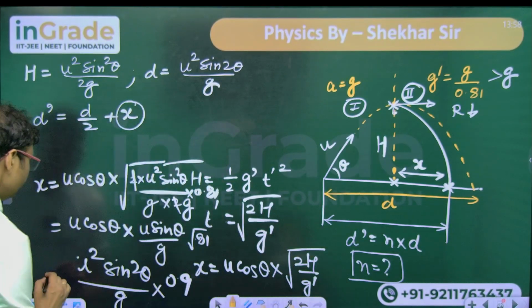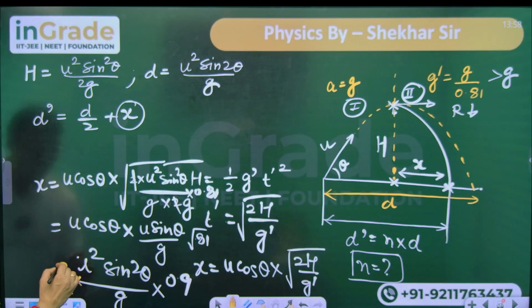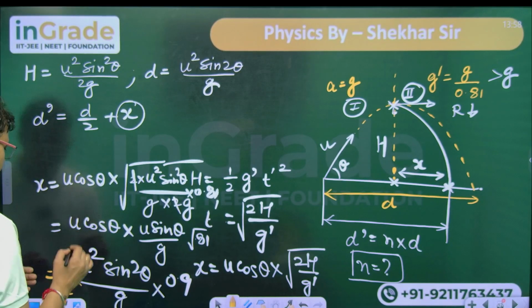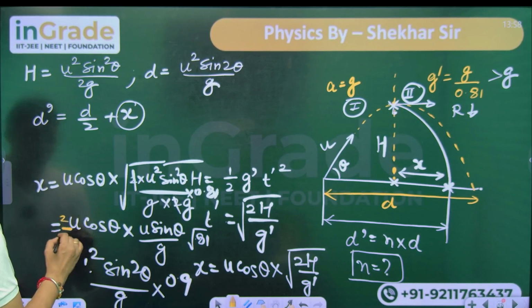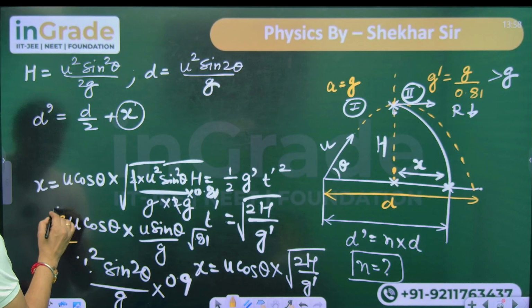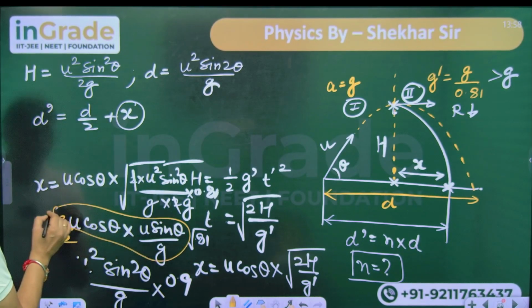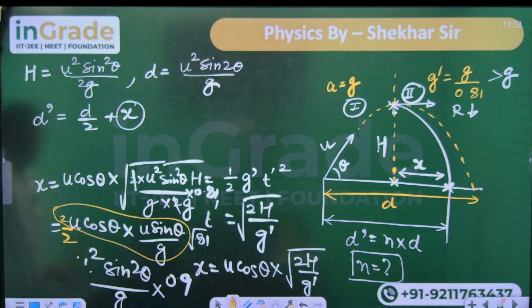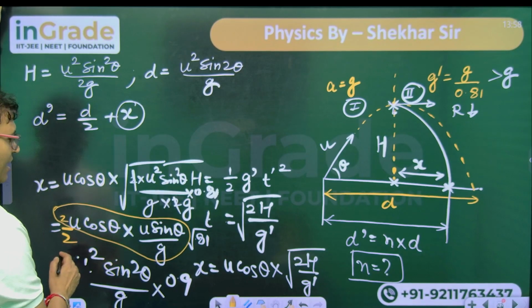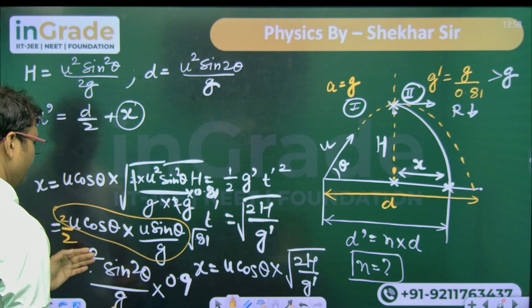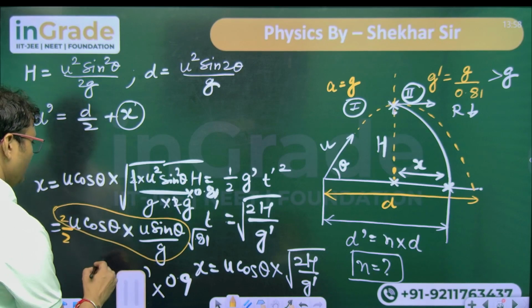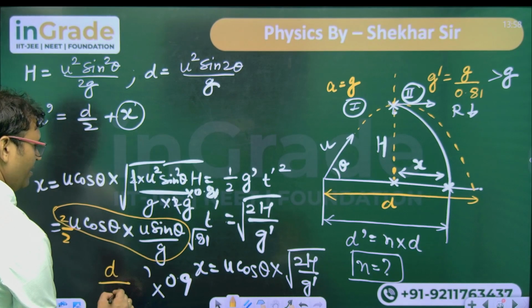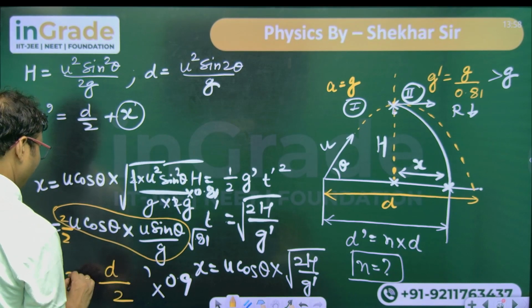If we multiply by 2 and divide by 2 here, u square 2 sin theta cos theta, u square sin 2 theta by g, that will be d. So this will become d by 2 into 0.9, that is x.